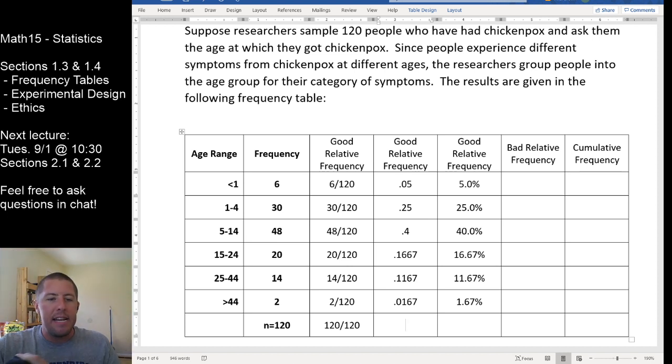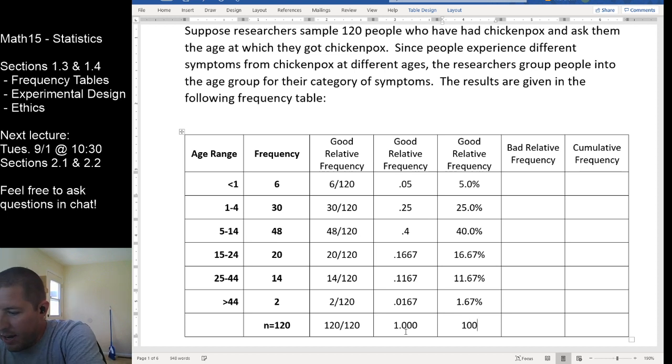I do have a tiny, tiny smidge of rounding associated with these repeating sevens. But it certainly should be the case that these all add up to exactly 1, representing the entire data set that has been collected. Very similarly, if we add up all these percentages, we should be landing at 100%, right? So this totaling is just saying, yeah, we accounted for all the data that's out there.